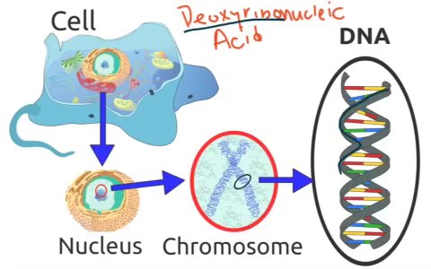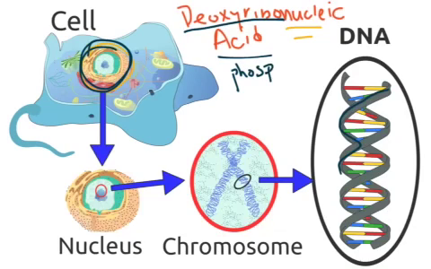The nucleic portion comes from the fact that it is found in the cell nucleus. And the acid portion actually comes from that extra phosphate group that makes the 5' end.